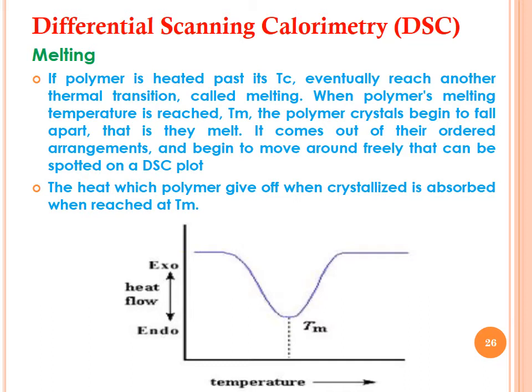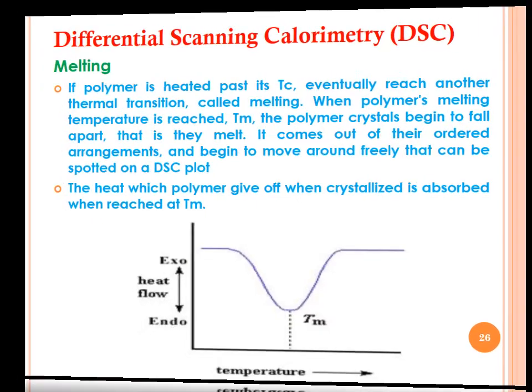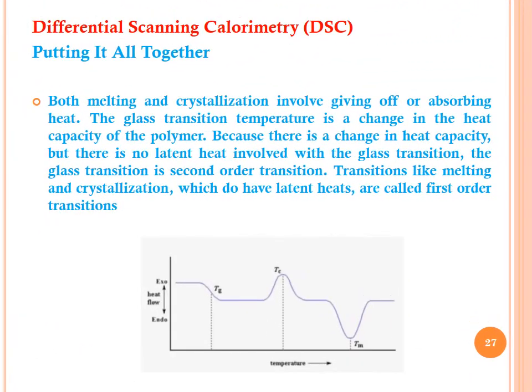That can be spotted on a DSC plot after Tc. Tc is the crystallization temperature, Tm is the melting temperature. The heat which the polymer gave off when it crystallized is absorbed when it reaches Tm. So Tm is also an endothermic process. This is a minima.